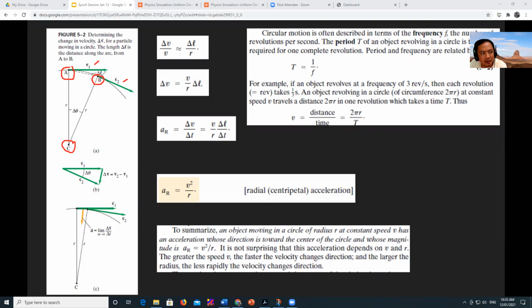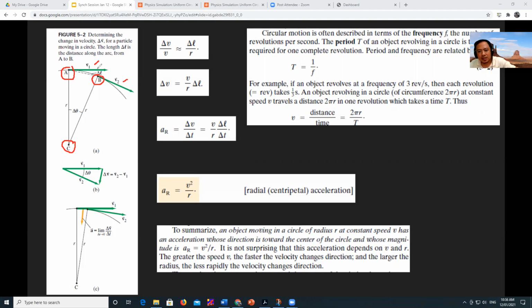This is the line drawn towards the position of the object moving in a circular path. As you see from the figure, there is theta, the angle. This part of the circle, this curve, is what we call the arc. The length delta L is the distance along the arc, not the straight line from A to B. So this is the arc.